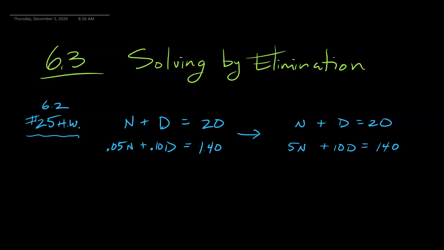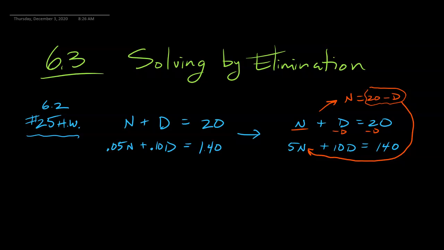And you have to solve for a variable. So I'm going to solve for n, and I'm going to subtract d from both sides. So n is going to be 20 minus d. And I'm going to put this equation in place of n in the other problem.